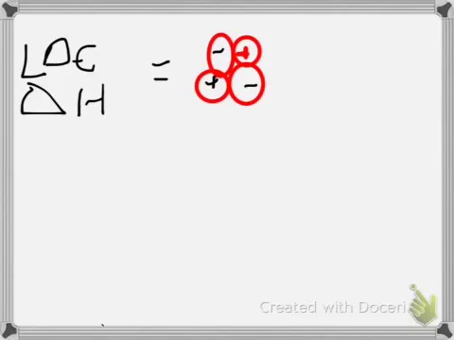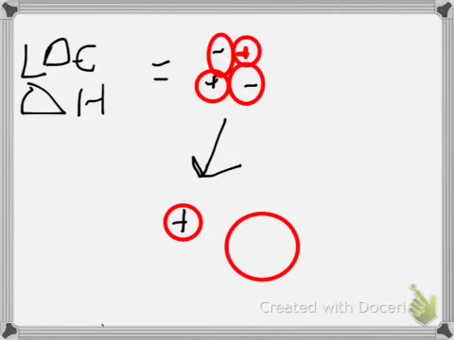Okay, and then obviously the lattice enthalpy is the energy required to break down 1 mole of those to form sodium ions and chloride ions that are now no longer bonded in a lattice structure.